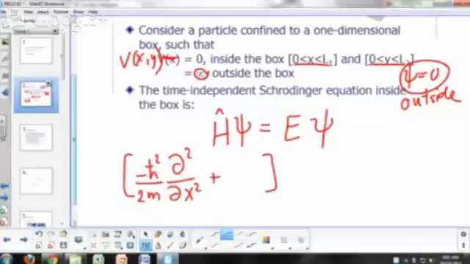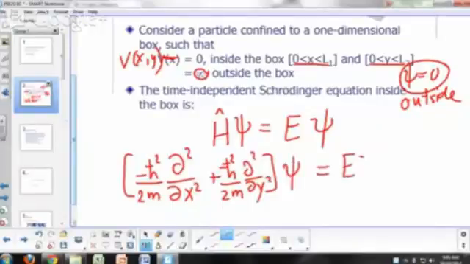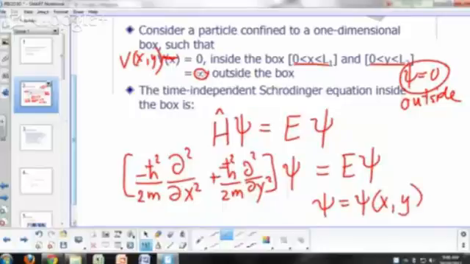Plus kinetic energy due to motion along the y-axis, negative h bar squared over 2m times the second derivative with respect to y, of psi gives you back E psi. So you have a two-dimensional problem here. Your psi is going to be a function of two independent variables, x and y.